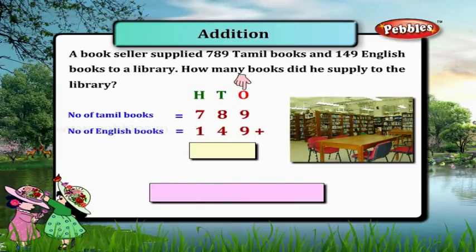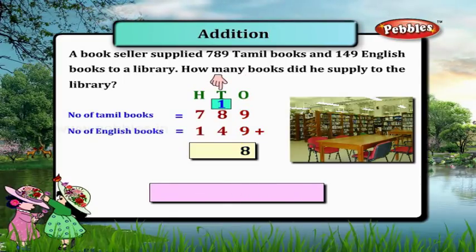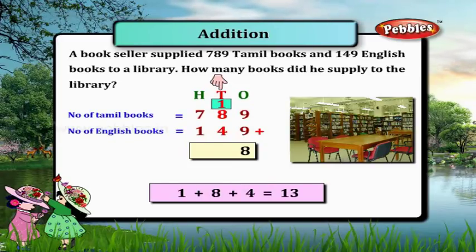Add the ones. 9 plus 9 is equal to 18. Write 8 in the ones column and carry over 1 to the tens column. Now add the tens. 1 plus 8 plus 4 is equal to 13.